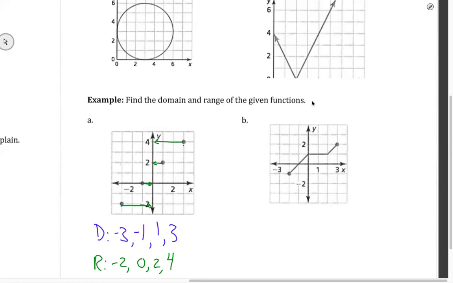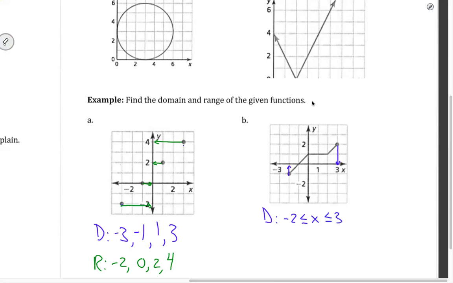And with a question like B, I do the same thing. I'm going to draw my arrows to the x-axis. But because it's a smooth line, x is going to be between -2 and 3.